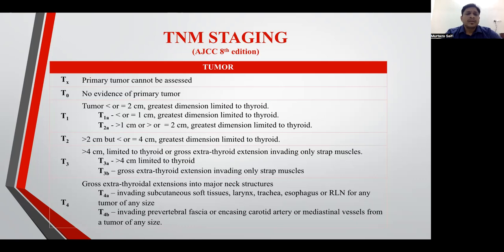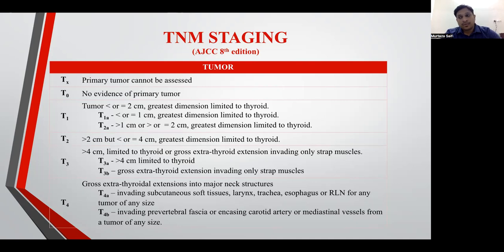T3b is gross extrathyroidal extension invading only up to the strap muscles. So T3 you can broadly remember as invading only up to the strap muscles.